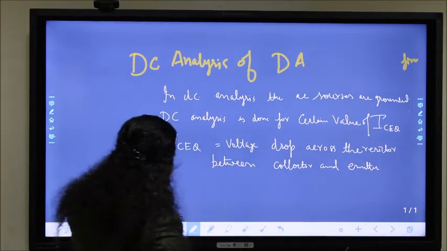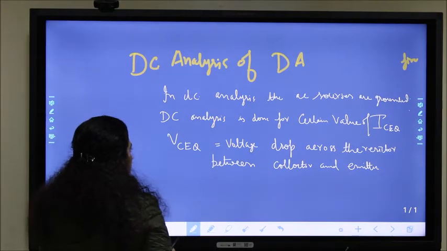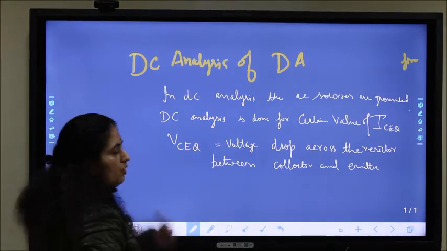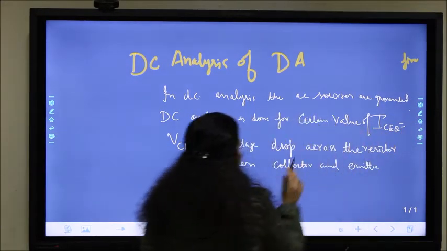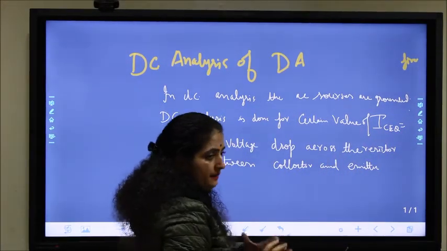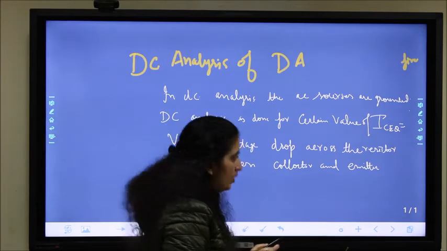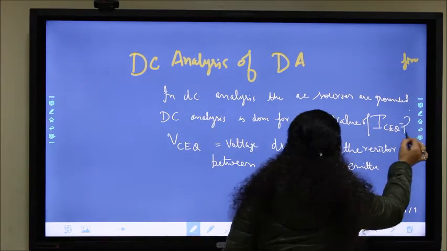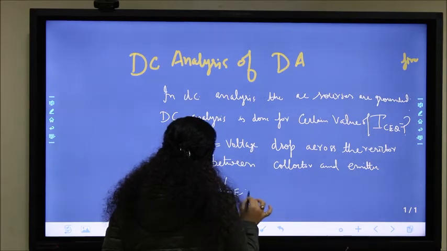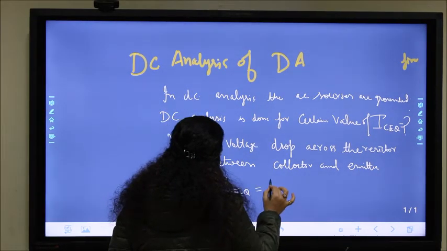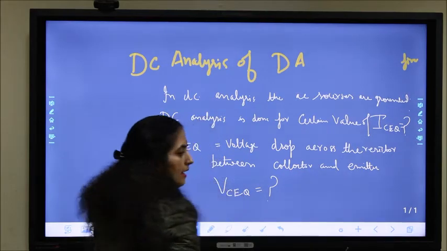First we will find the collector current at the operating point, and second, in DC analysis, we will find VCEQ, the voltage drop between collector and emitter.